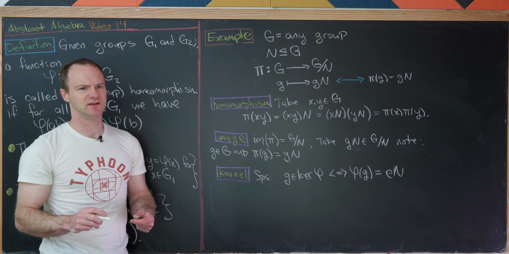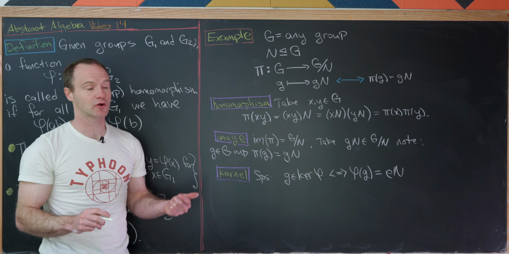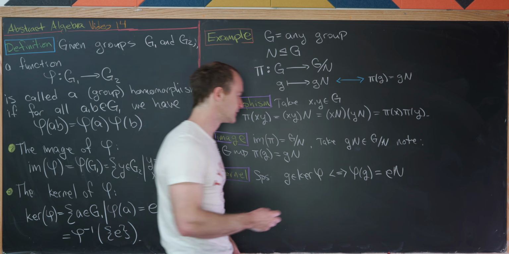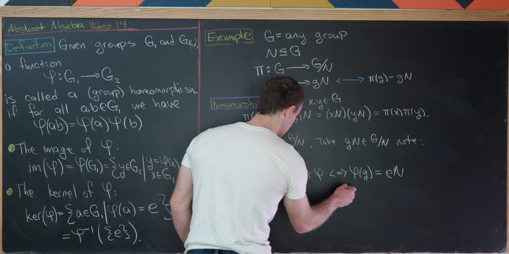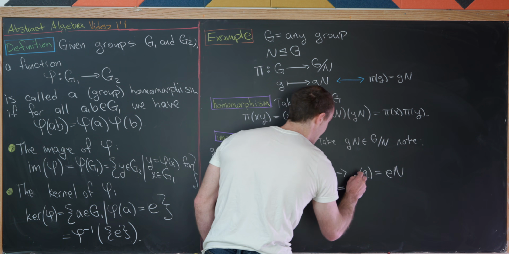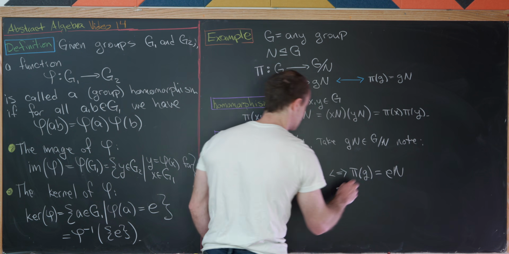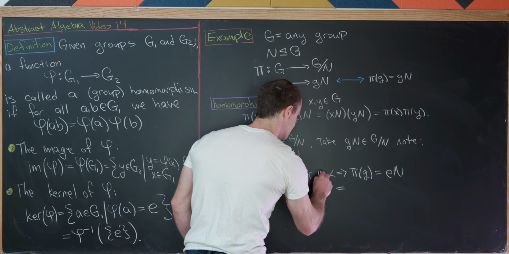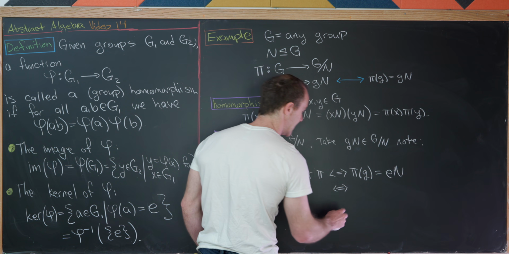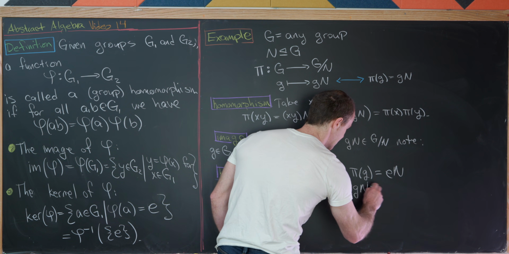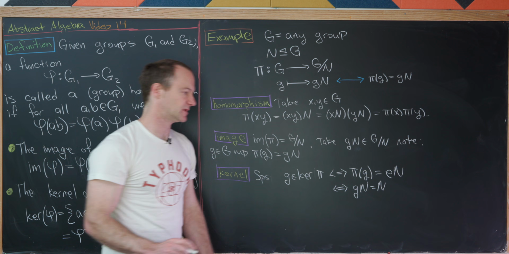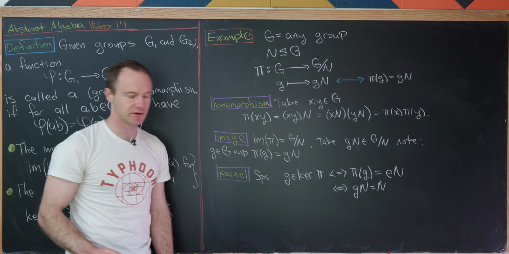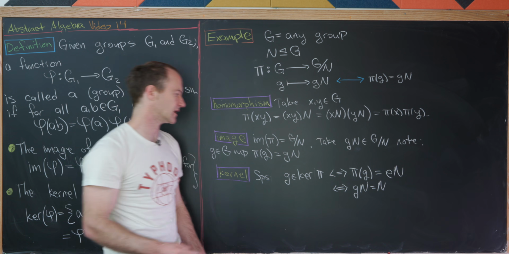So that's where we have to use the fact that we're inside of the quotient group here. The context of our group matters. Okay, but then using the definition of pi, sorry, this should have been a pi, that's the name of our homomorphism in this case. So using the definition of pi, we have the coset gN is equal to just the subgroup itself, where I'm using the fact here that the identity coset is just equal to the subgroup itself.